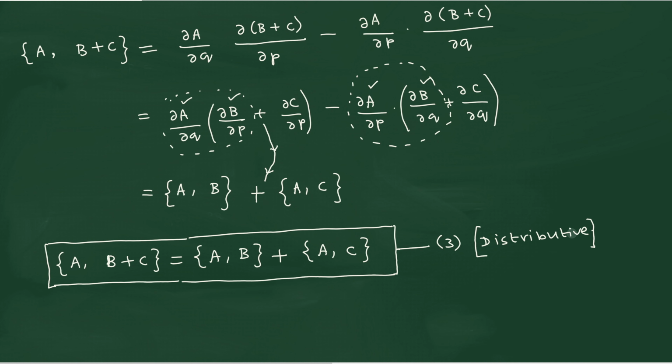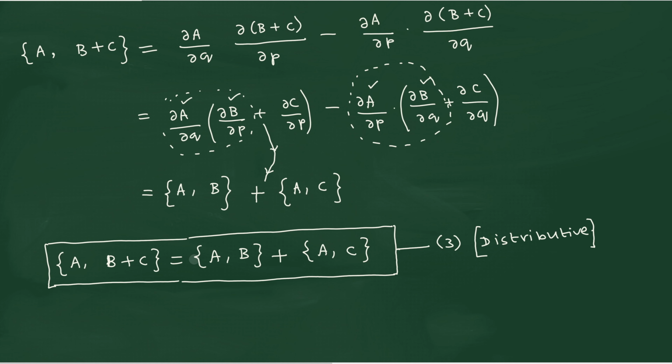is sometimes multiple choice questions, when they are asking in the GATE or CSIR NET exam, they may give you, or sometimes they will tell this is the property of Poisson bracket. What is the name of the property? Like this, one question can come: distributive, multiplicative, anti-symmetric, or some kind of a product rule. Some name can be given as a 4th choice for you.